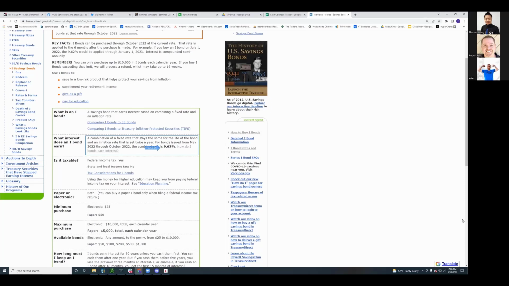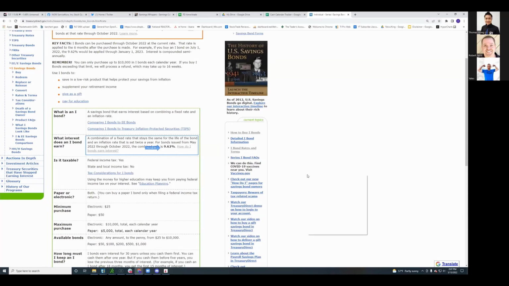Come November, they will look at the CPI and they will issue a new inflation rate, right? That's technically added on to the base rate, which I think is 0 now for the inflation bonds. They'll pick a new inflation rate, and that's what you get for the following 6 months after that.